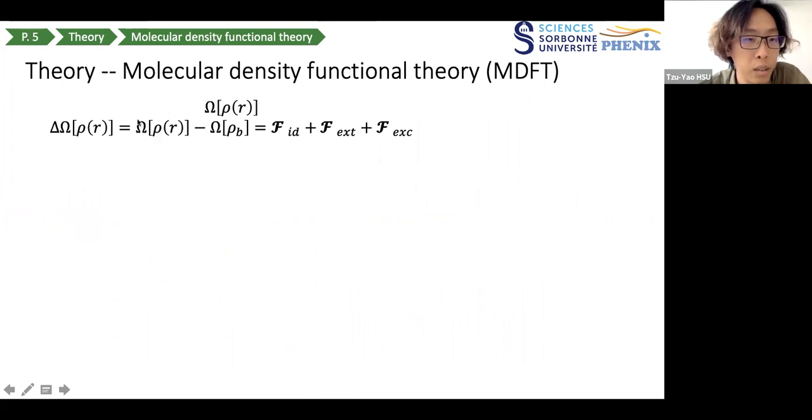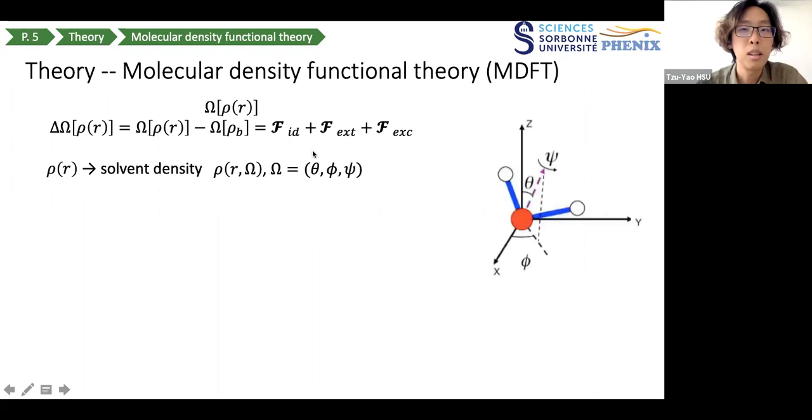And if we take the difference of the grand canonical potential of the state that we are interested in and the homogeneous bulk fluid, we can also derive an expression for the free energy functional. And it can be divided into 3 parts. So MDFT is dedicated to studying the solvation problem. That makes MDFT a very useful tool to construct free energy profiles.